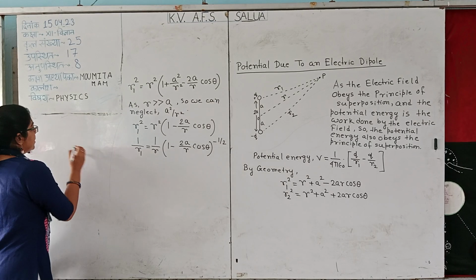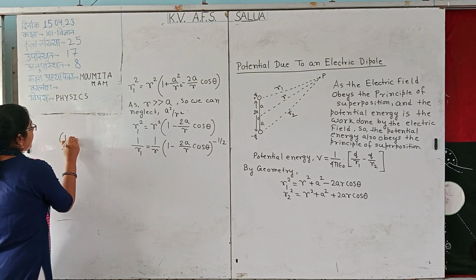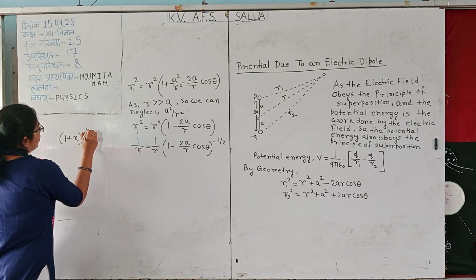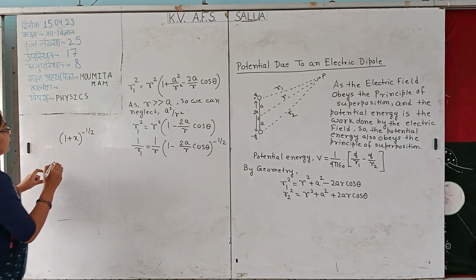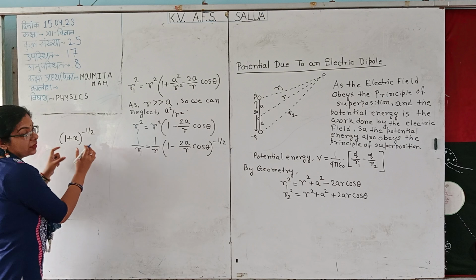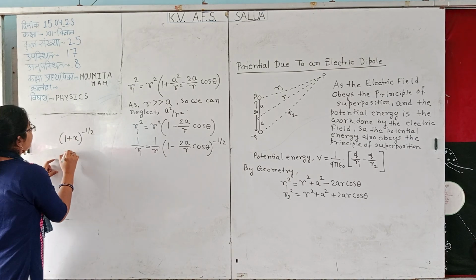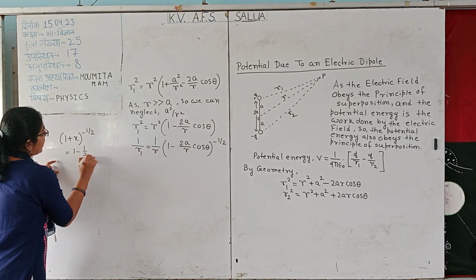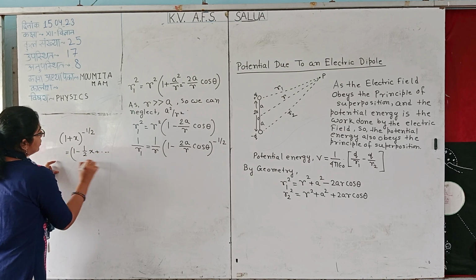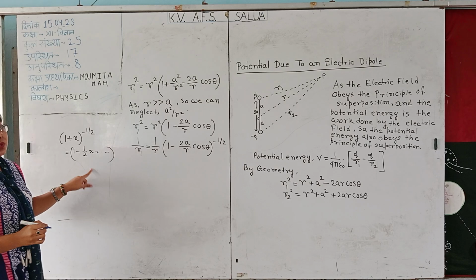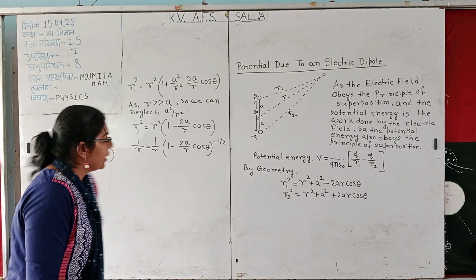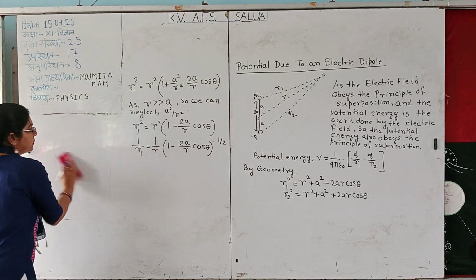If 1 plus x whole power minus half is the expression, then according to the binomial theorem you can write 1 minus half x plus the next terms. We use this formula here.